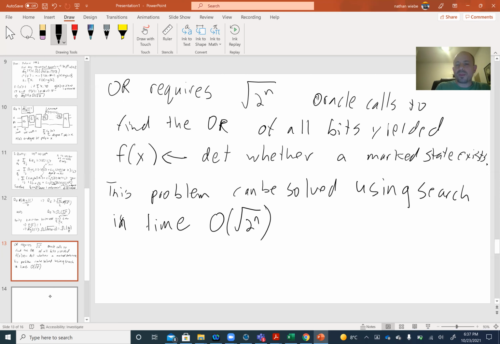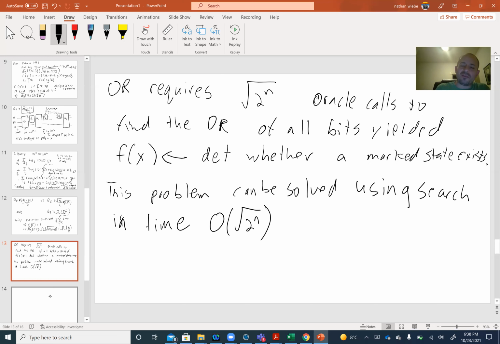And so therefore, because search reduces to this, if we could perform a search faster than the time required to do an OR, then we could use the search in order to compute the OR and create a contradiction.